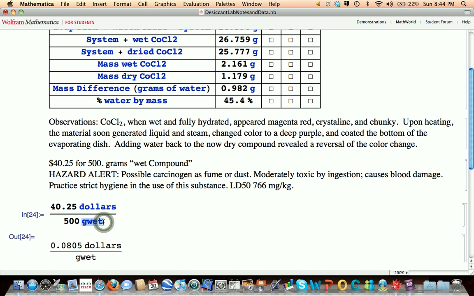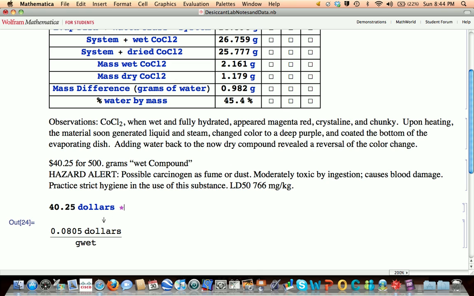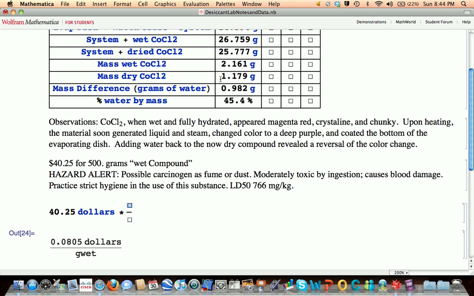So the best thing for me to do, I think, is to say, let's go up here and say, but you know what? That's how much dry compound I get for this amount of wet compound.